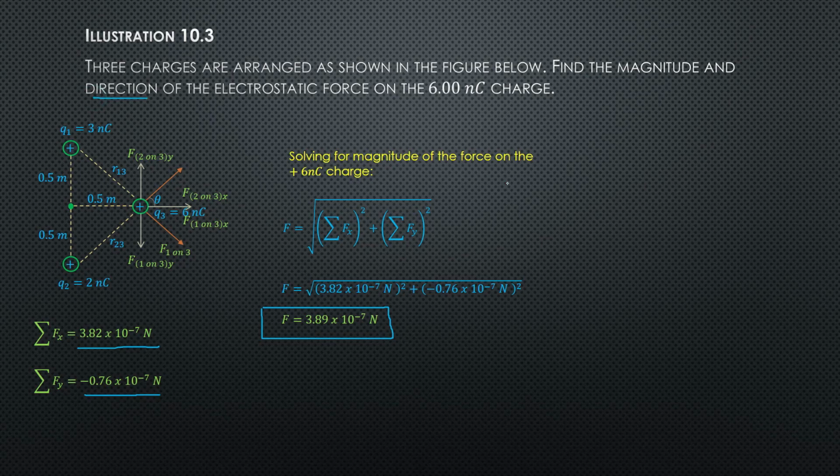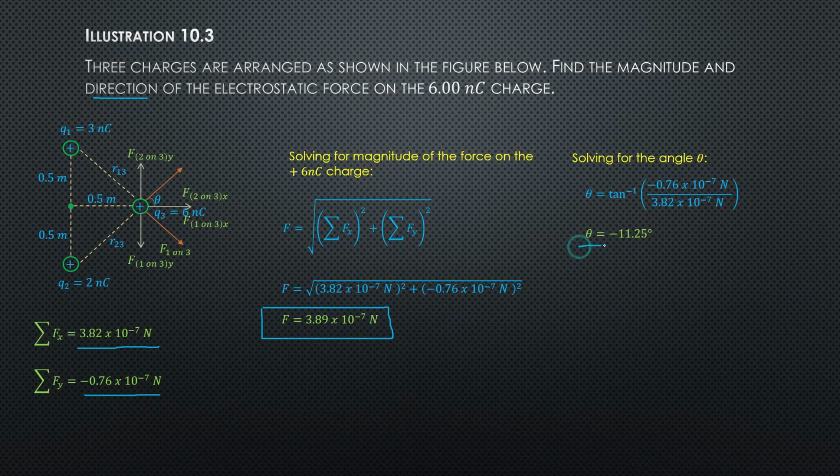The direction of the electrostatic force will be arctan of summation of forces y over summation of forces x: negative 0.76 for y and positive 3.82 for x. Simplifying, you get negative 11.25.